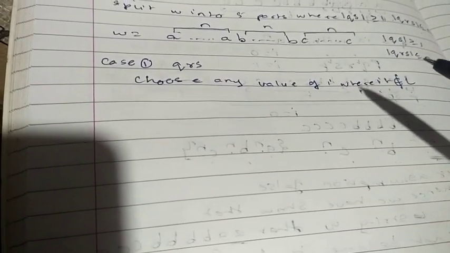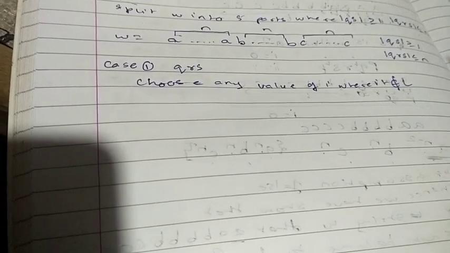So we had taken I equal to 0. Here we can take I equal to 0 or I equal to 2, so that our assumption is false.